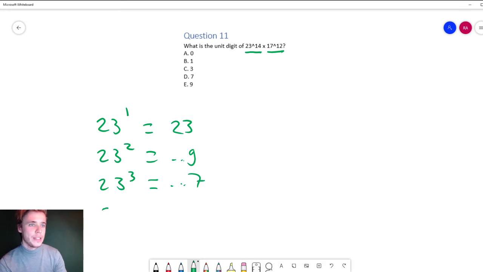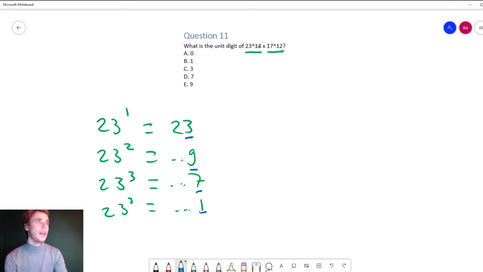Something that ends with a 7 times 3, 7 times 3 is 21, so that ends with a 1. And then we go back, because something that ends with a 1 times 3 ends with a 3 again. Okay, so we know the sequence. It's 3, 9, 7, 1.